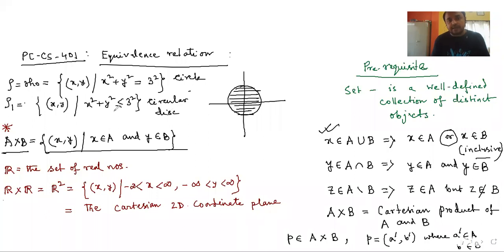Okay, in both cases you see that this circle or circular disk is a subset of the entire two-dimensional coordinate plane.